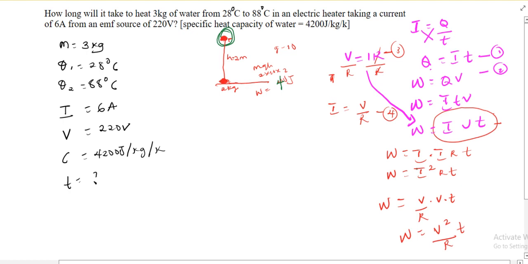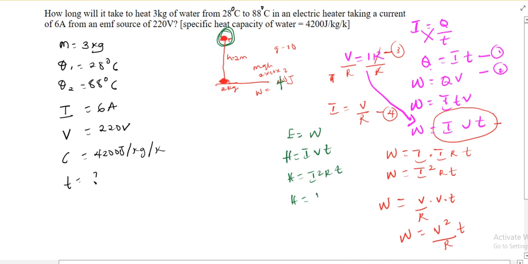So in this case, energy equals work done. So our heat energy will be equal to, we can take any of them, IVT. Our heat energy is equal to I square RT.